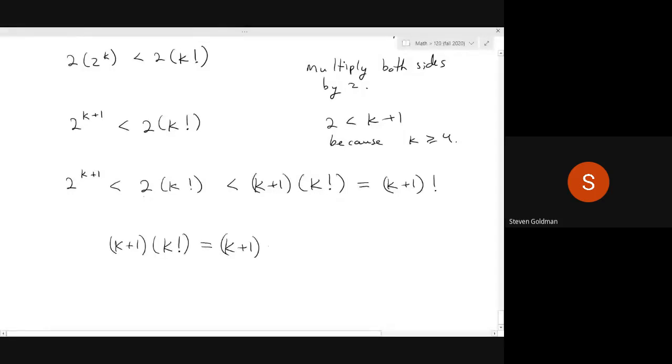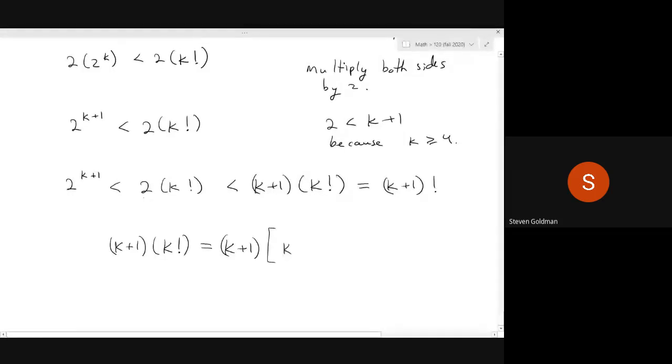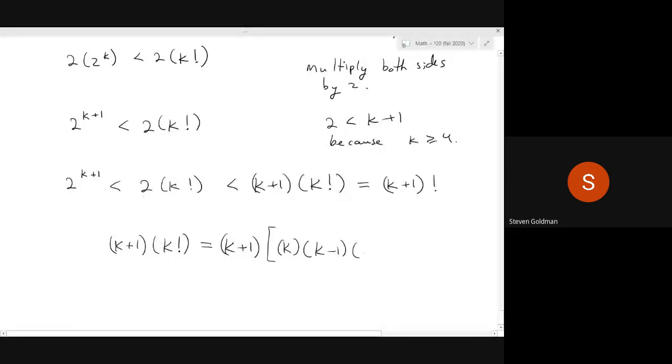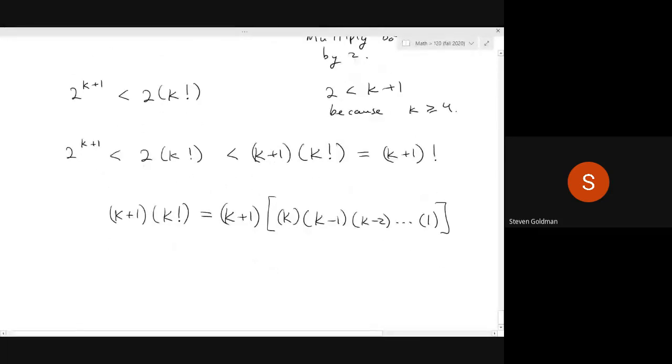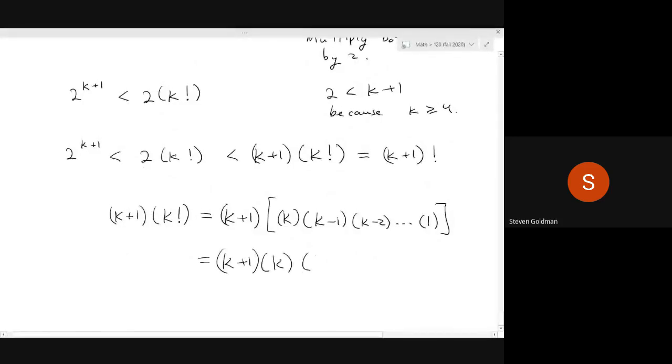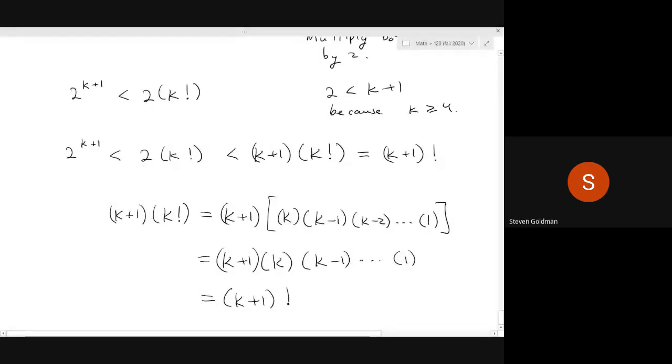If I write it out, k factorial is k times k minus 1 times k minus 2, dot, dot, dot, all the way down to 1. So I have here k plus 1 times k times k minus 1, dot, dot, dot, all the way down to 1. By definition, that's k plus 1 factorial. So k plus 1 times k factorial is k plus 1 factorial.